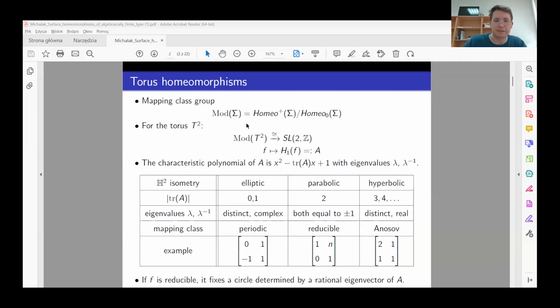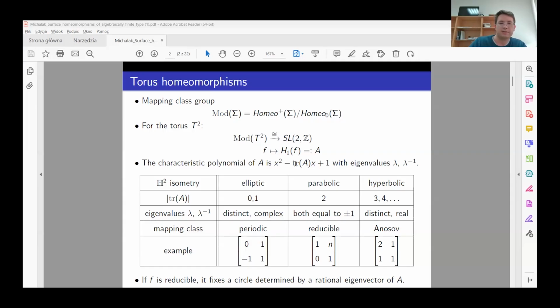And recall the classical case of the torus, where the mapping class group is isomorphic to the group of all special linear 2 by 2 matrices with integral coefficients. This isomorphism is given explicitly by the linear map induced by the map on the torus on the first homology group.